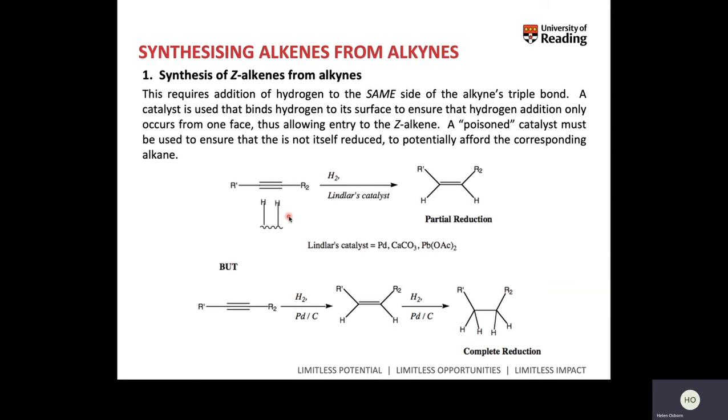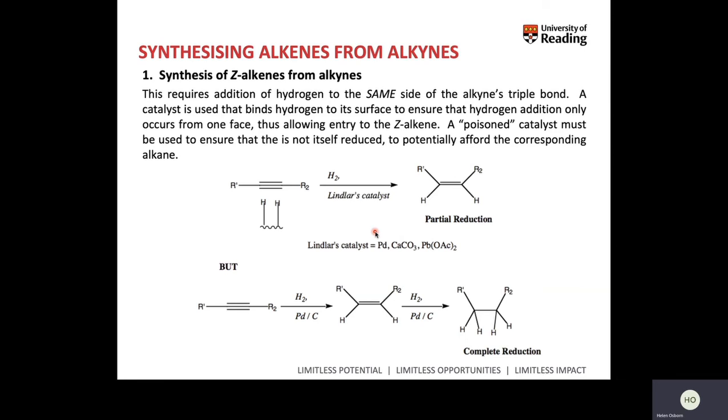So if we ever wanted to make this Z alkene, we could look to do it from an alkyne by adding hydrogen under particular conditions using a particular catalyst. So you wouldn't need to know the details of the catalyst. It's got a palladium, it's got a lead, and it's got a calcium component. The point you should know, though, is that that catalyst has to be poisoned.